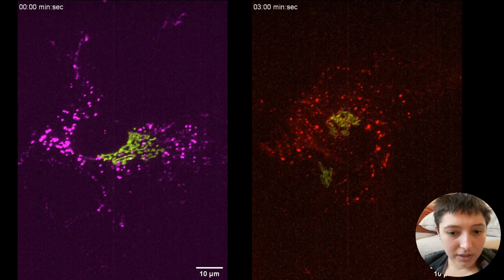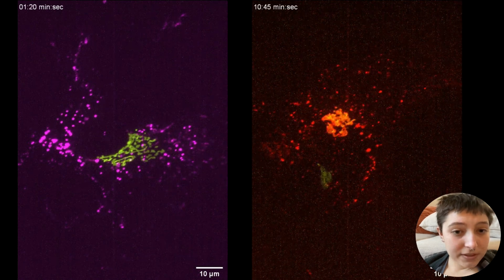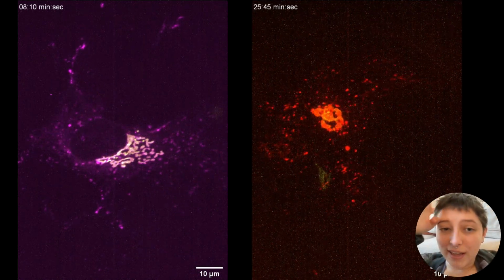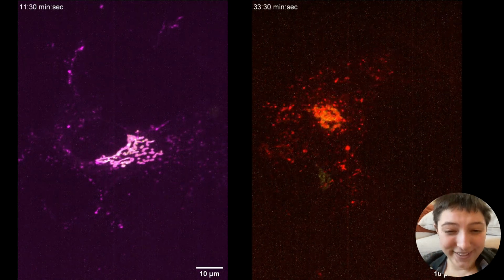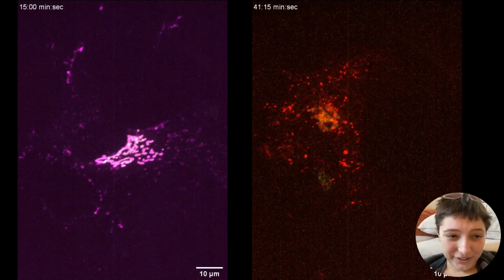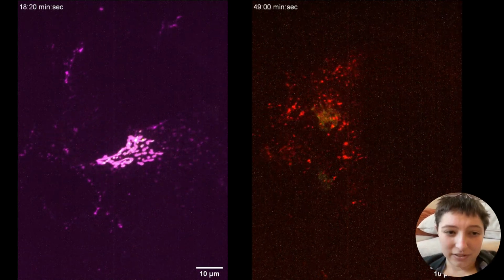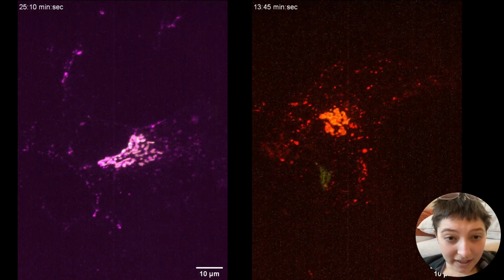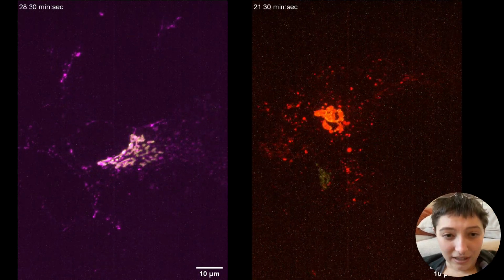In these two movies, we have the SLF actually working. And so you see cargo getting transferred to the Golgi, staying there, and then getting released.